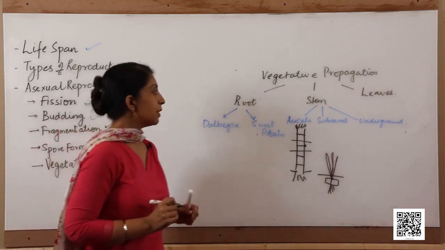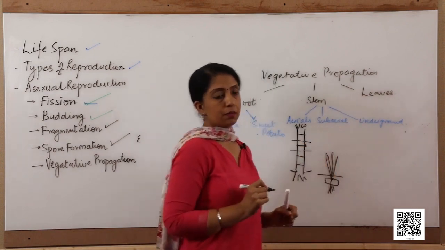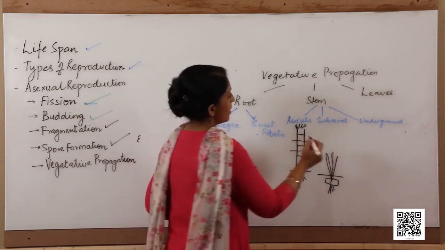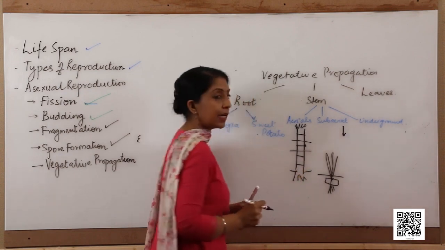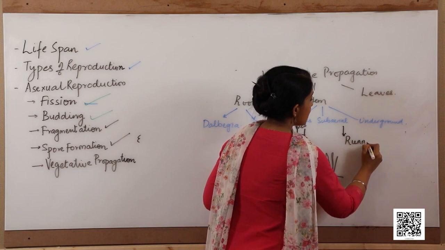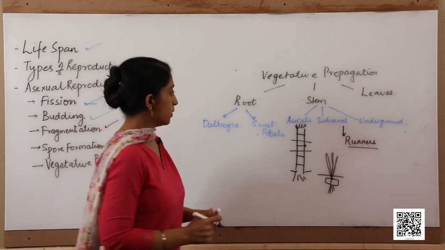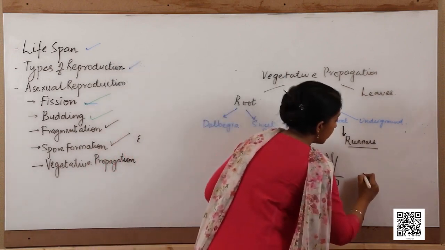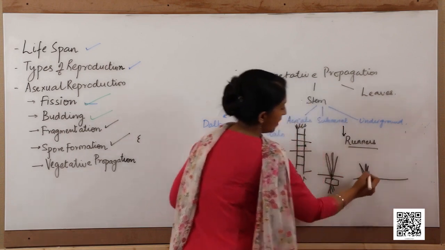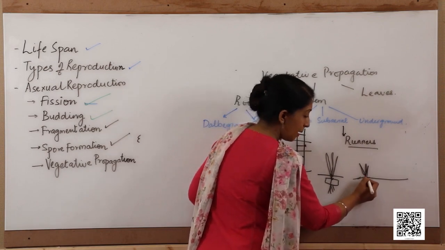Now, examples of the subaerial plants which can undergo vegetative propagation. Again, you all must have seen the grass plant. The grass plant is one such example which propagates vegetatively. How does that happen? These plants are called runners, and they creep on the ground. At one point where the grass is growing, suppose this is the soil and this is a grass plant, at this point it develops a stem.